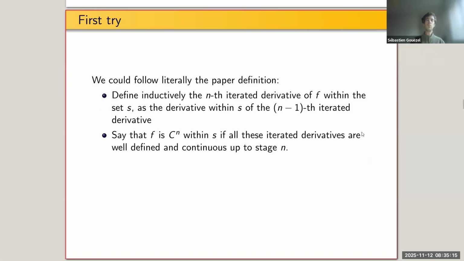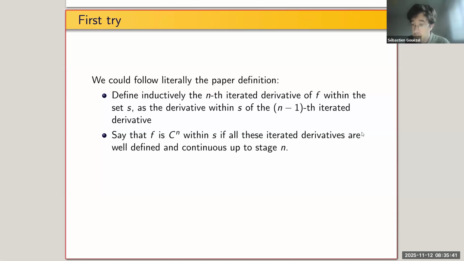Okay, so let's try to formalize Cn functions and see what goes wrong with the naive tries we could do. The first try is that we could follow literally the paper definition. We could say, okay, I know how to define the derivative function.